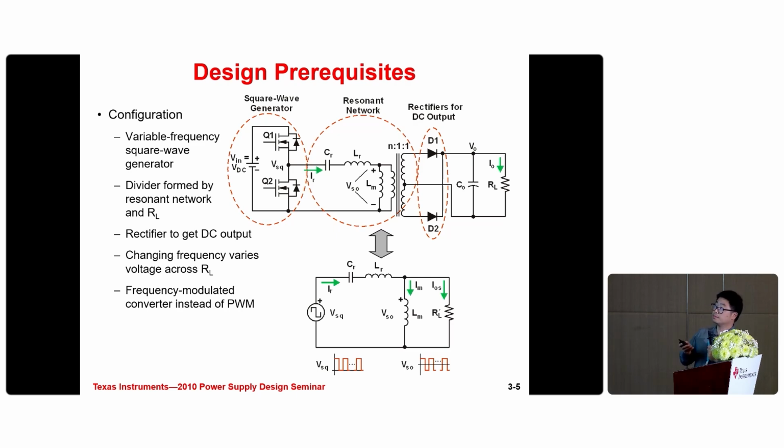So we can propose this equivalent circuit diagram, right? From this diagram, we can see that if we change the frequency of this, the voltage across this R load will vary.